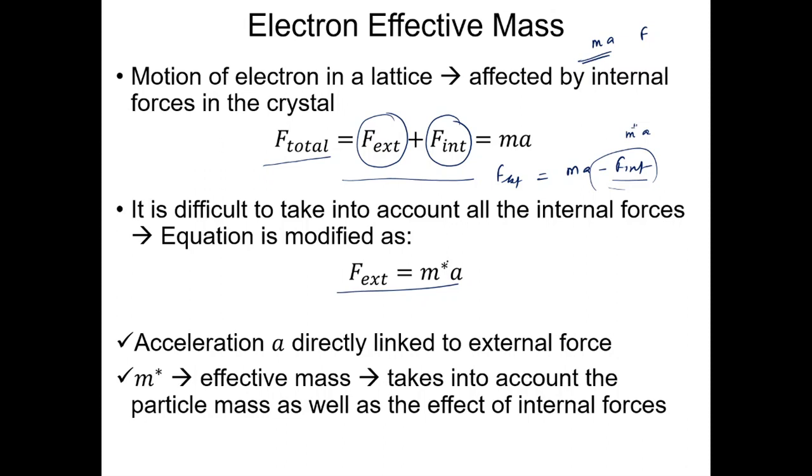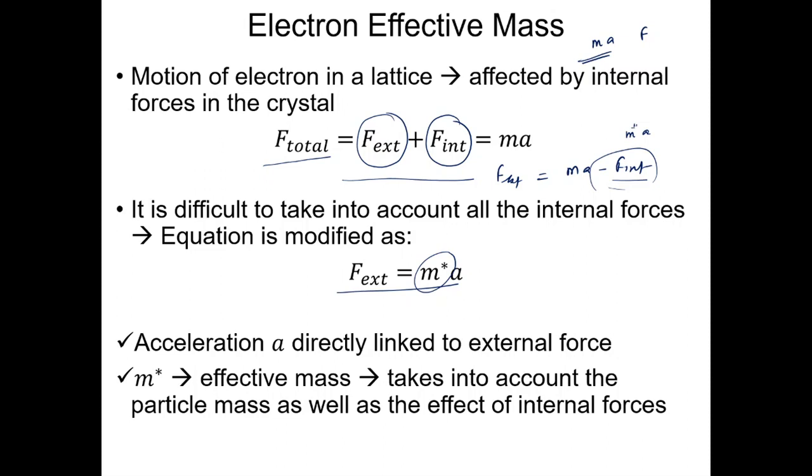Now this M star is the effective mass of the particle inside the crystal lattice, and this M star accounts for all the internal forces applied on the particle which may change its dynamics, change its behavior, or change its acceleration.